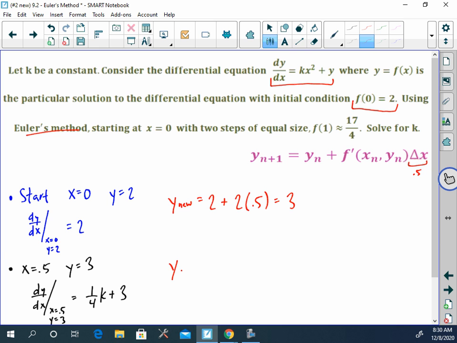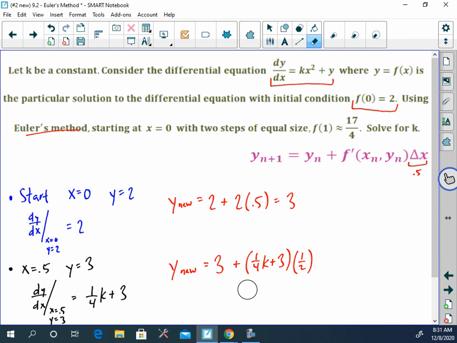Looks good so far. So then I set up that same equation with 3 plus quantity 1/4 k plus 3 times 0.5. And when I multiplied it out, I got 1/8 k.